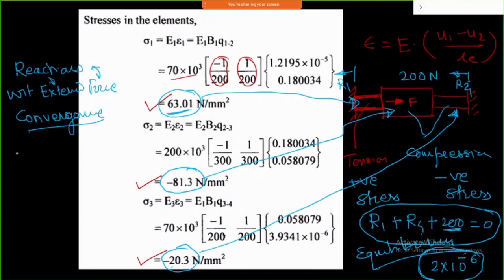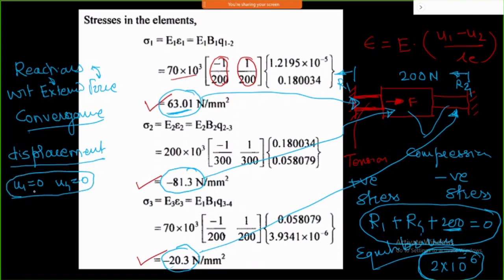Similarly, there is a displacement equilibrium equation. Whatever displacement you apply, the displacement you get at the fixed node should be u1 equal to 0 or u4 equal to 0 all the time. If that is not coming yet, it should come. Only then is my solution perfect enough.